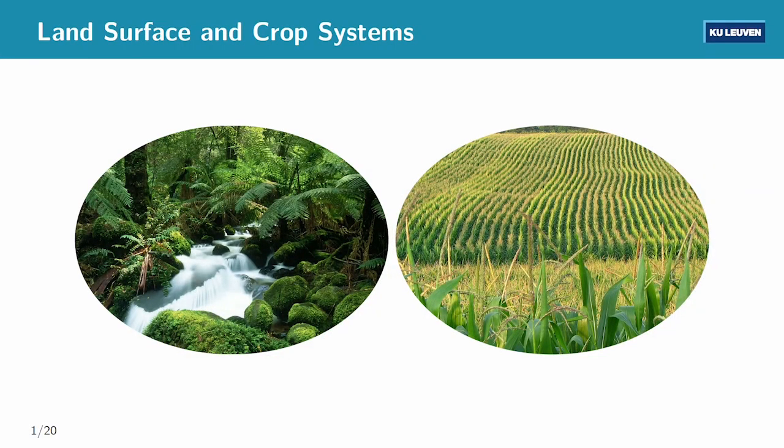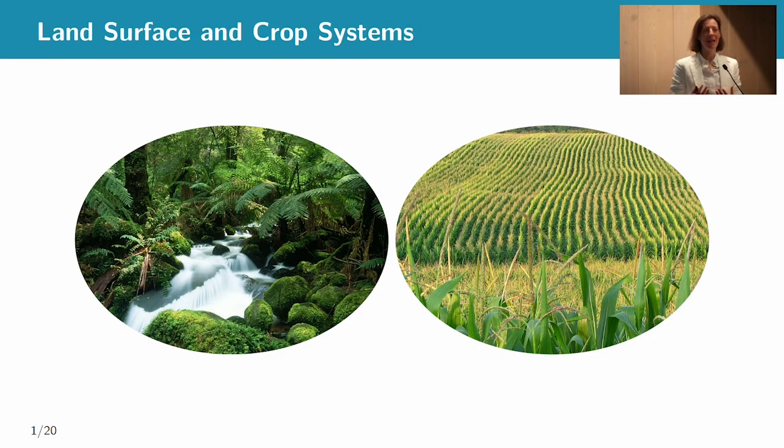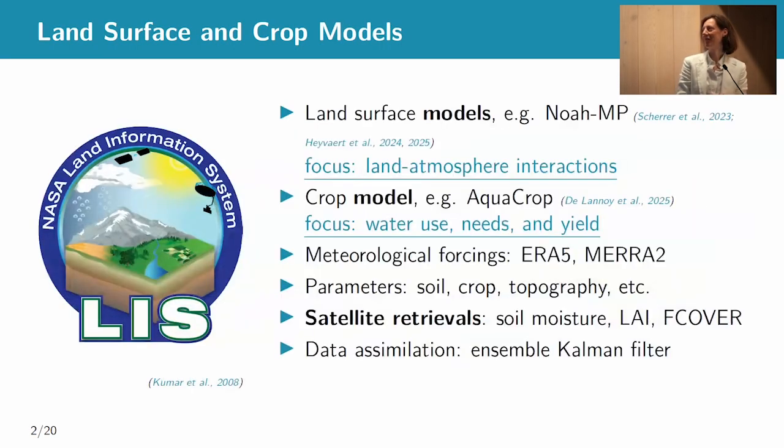So, soil moisture and vegetation are critical variables within both land surface and crop systems. And Inge already has a little bit introduced what crop models are and hydrological models or land surface models. So both are actually very similar, but they're also very different. And that's why we use different modeling systems for these two different systems, right? And so land surface models such as the CLM, VIC, NOAH-MP, they model land and water and energy fluxes.